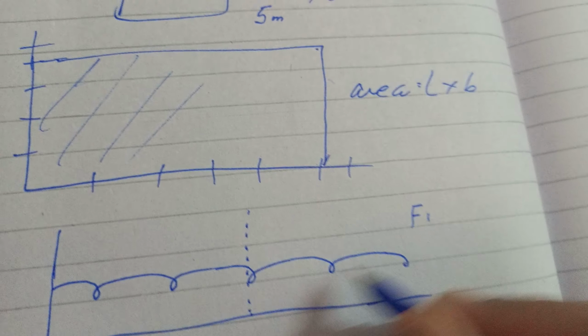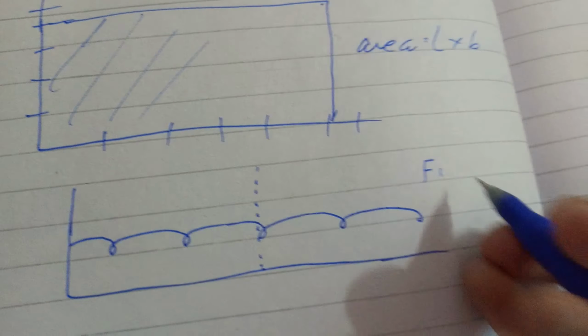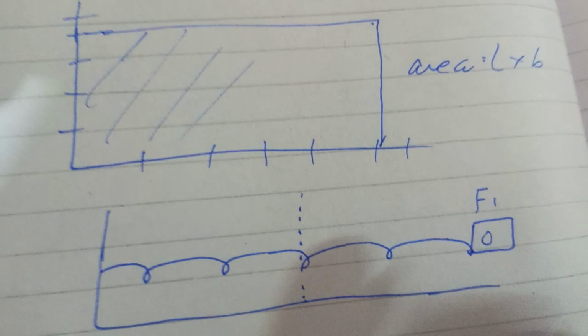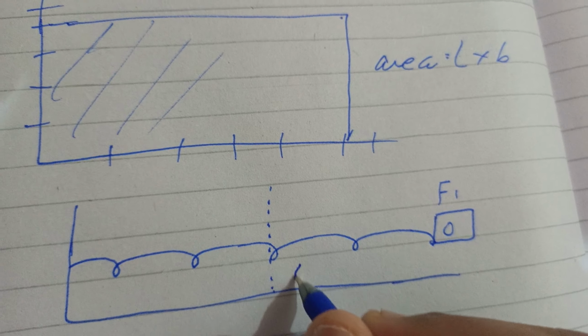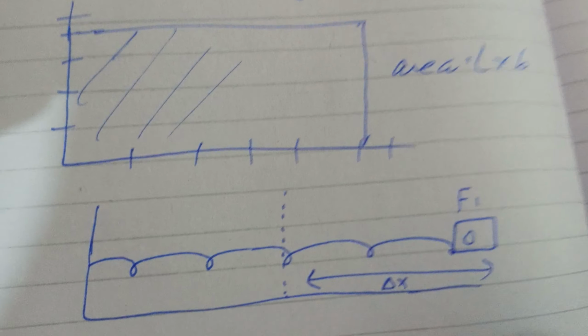There's a body, and the end of the spring is here, or you can say an object. So it is F1 as an example, and the distance between the mean position and itself is around delta x, because it will be continuously changing.